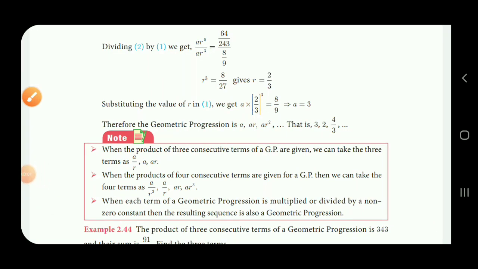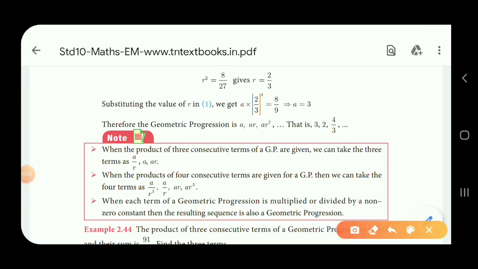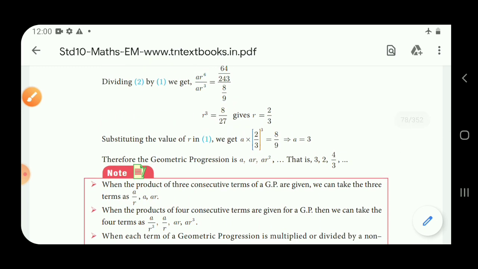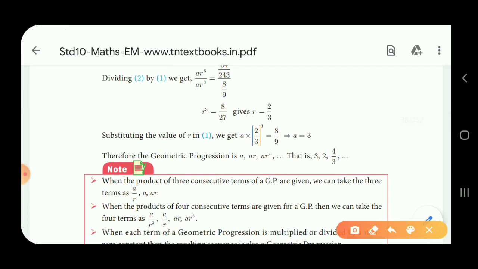So now we get r cube is equal to 8 by 27. So r cube equals 8 by 27.